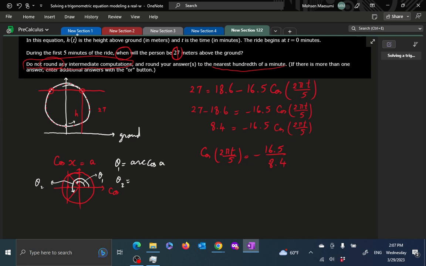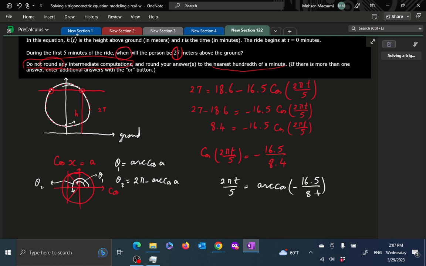Well, subtract that from 2 pi and you get theta 2. So 2 pi minus arc cosine of a will be the second answer that you have. So here, 2 pi t over 5, either take arc cosine of minus 16.5 over 8.4.